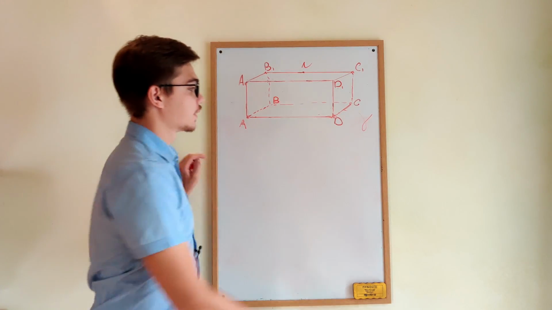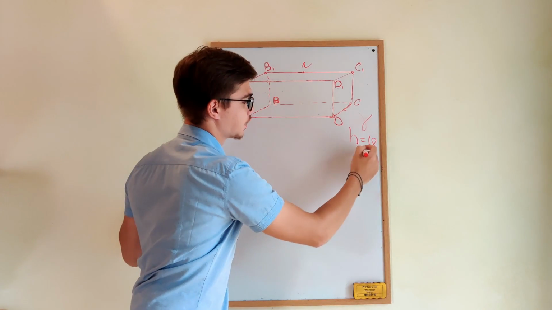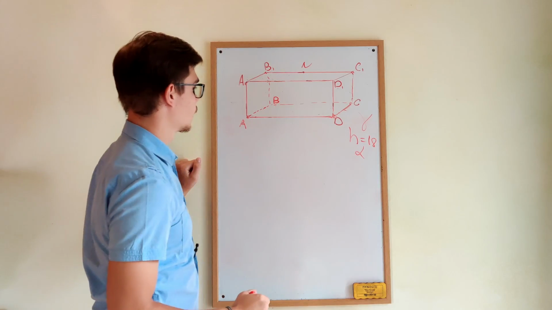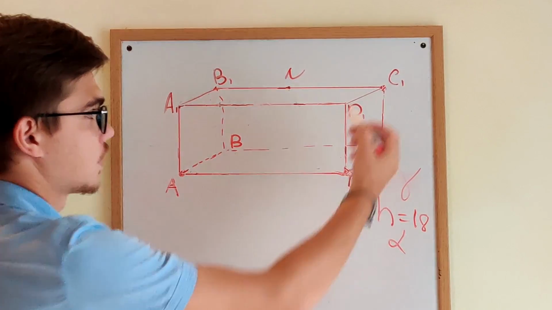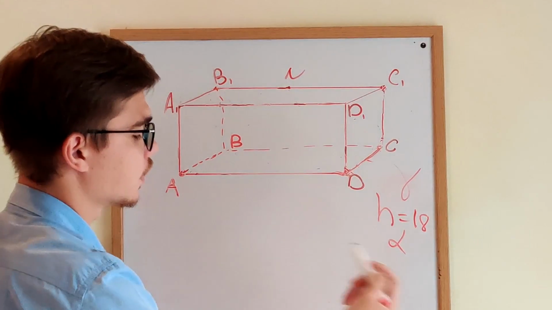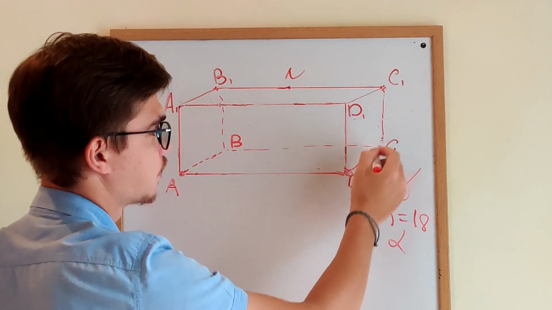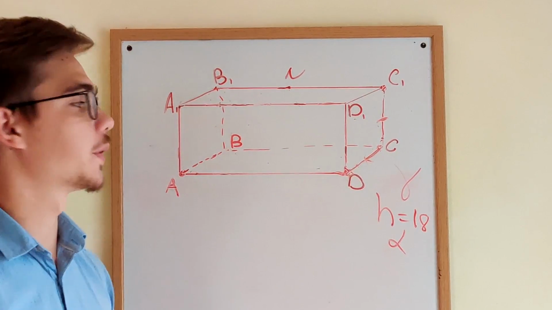We're also given the height of the rectangular parallelepiped is 18, and the angle between the diagonal and the bottom base is alpha. The last thing that we have is that the face C1CDD1 is a square. So I'm just labeling these sides as the same, because this is a square.